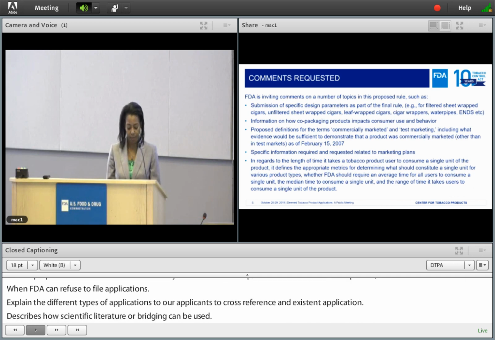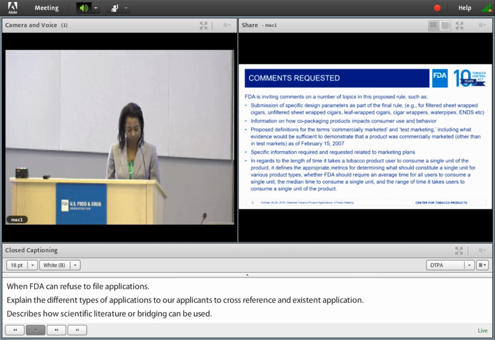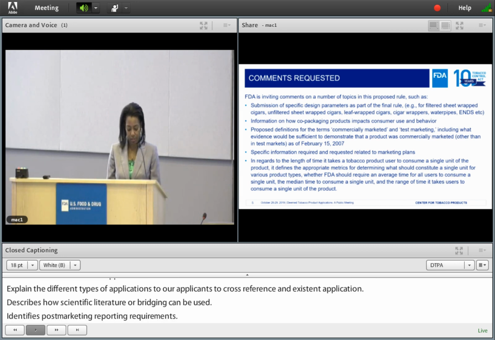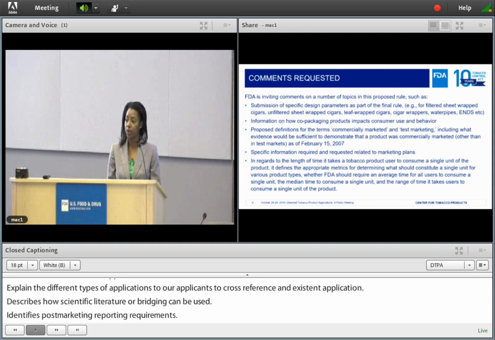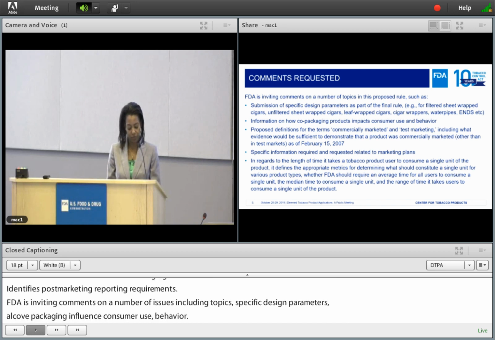FDA is inviting comments on a number of issues, including the topics, specific design parameters, how co-packaging products impact consumer use and behavior, definitions of commercially marketed and test marketing, required and requested information for marketing plans, and the length of time it takes a tobacco product user to consume a single unit of a product.